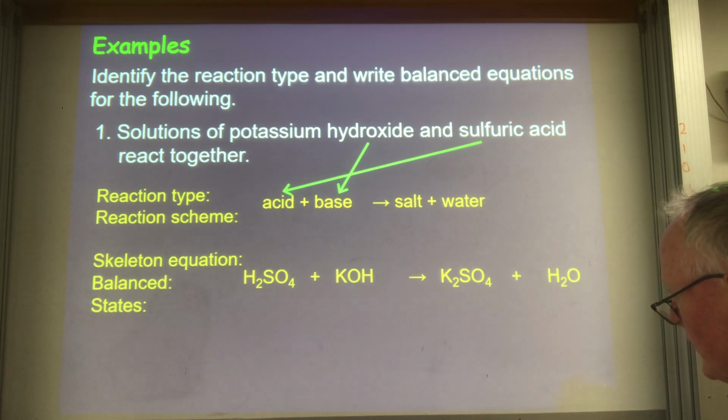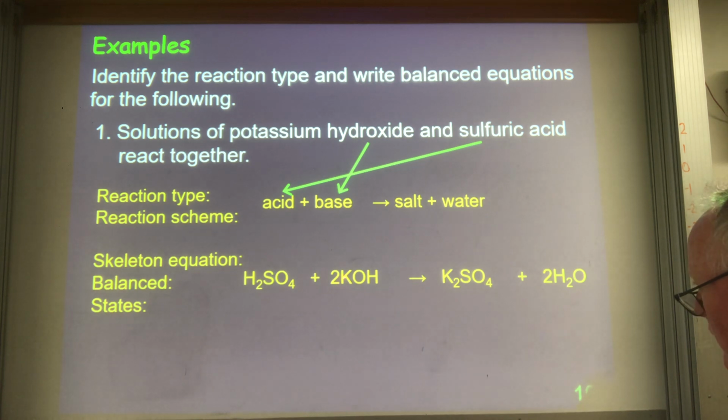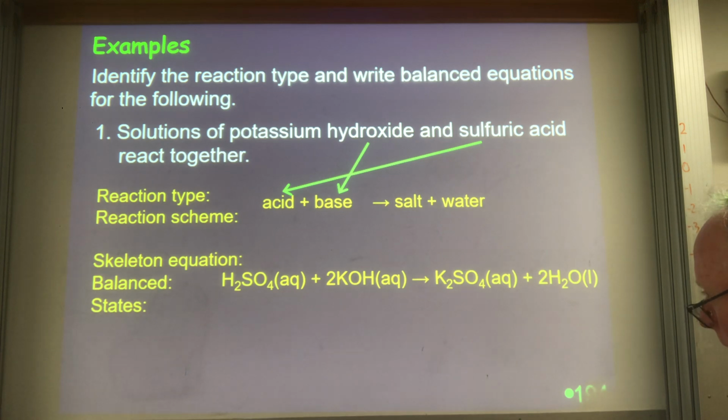Once we get 2 hydroxides, every hydroxide combines with a H plus to give H2O. So once we've got 2 OH minuses, they're going to react with the 2 H pluses to give 2 H2Os. As I say, we chuck in states.